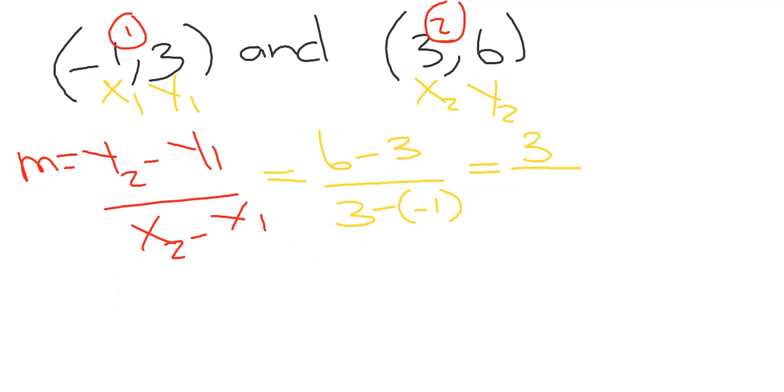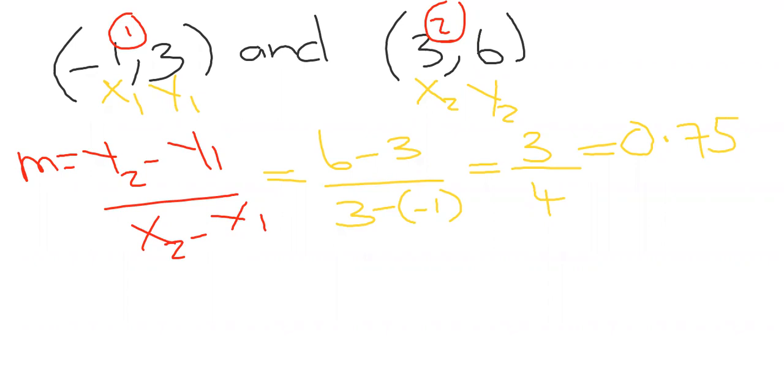Then 3 minus -1, we get a 4. So it means your gradient is equal to 3/4. You can express that as a fraction, or you can choose to express it as a decimal. It is still okay. Now, you know the gradient of your line.